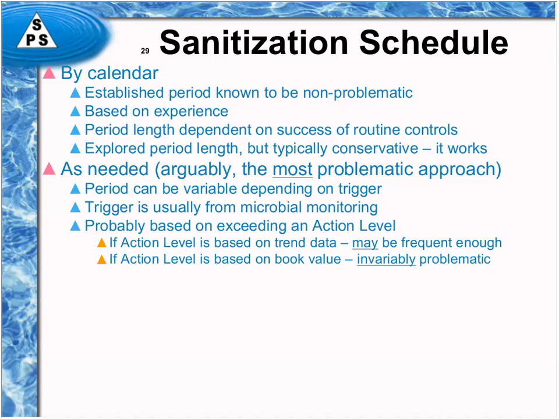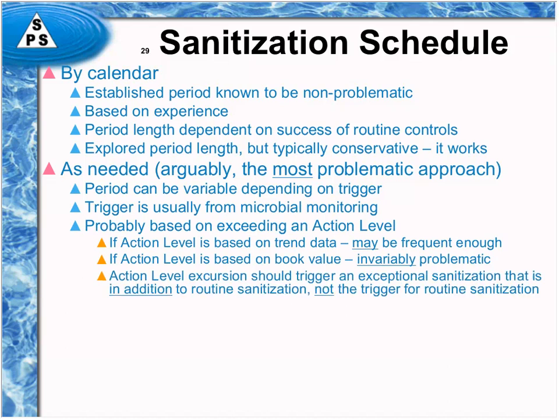However, if it's based upon something that's not associated with actual use data, it is invariably a problematic approach. The action level excursion should actually be a trigger for an exceptional sanitization process that is in addition to the routine sanitization, not the trigger for routine sanitization.